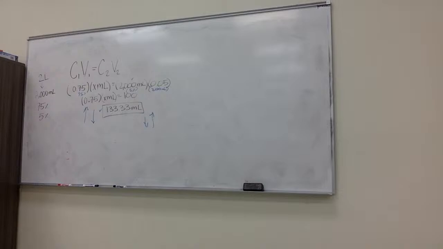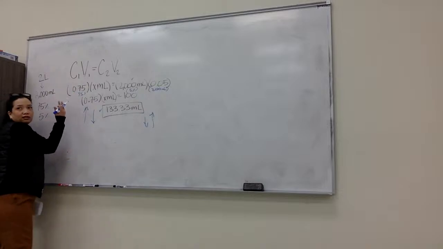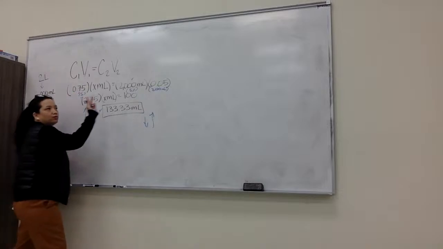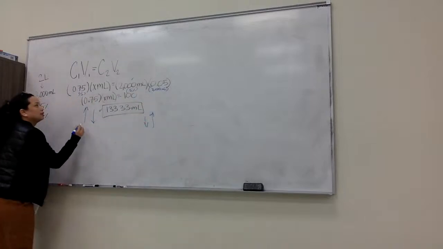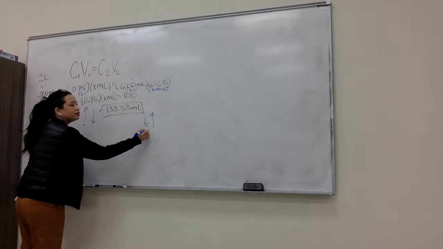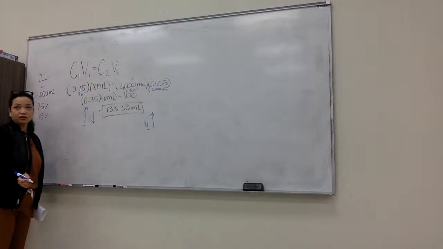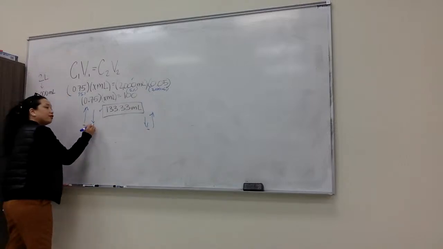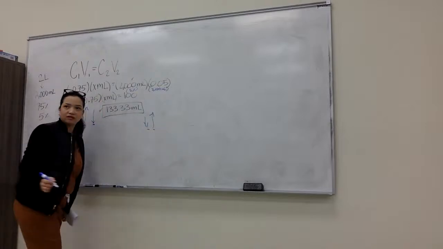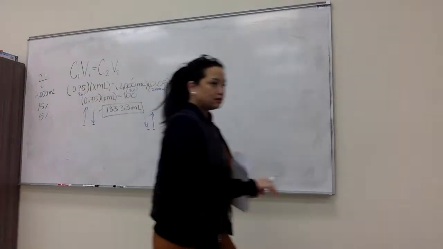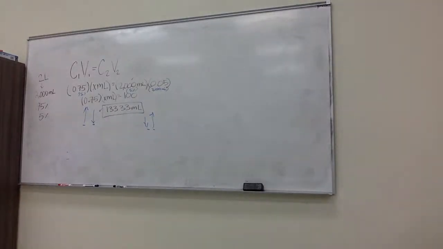From stock bottle to make. You're not guessing. How to check? Your C1 should be higher than your C2 in a dilution problem, and your volume 1 should be lower than your total volume, the other side. You following? Who got that one? 133.33 ml. Good job. Number 15.